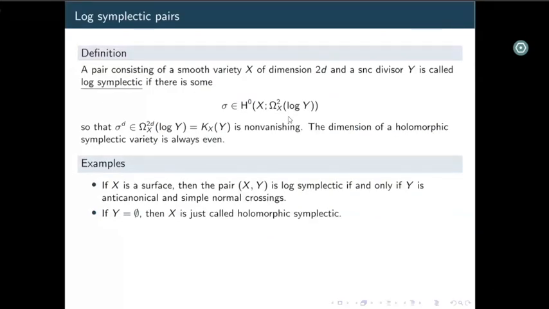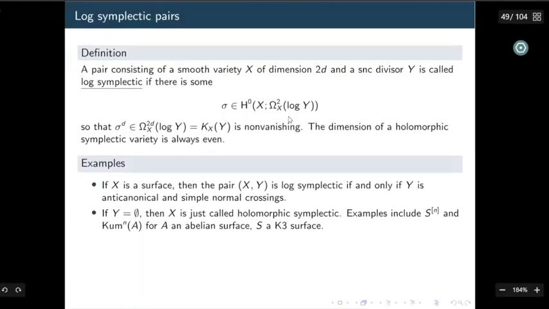If your boundary divisor is empty, then this is just called a holomorphic symplectic variety, and hyperkaehler varieties are an example of holomorphic symplectic varieties. So it's a much more stringent condition than just being holomorphic symplectic, but it is an example.